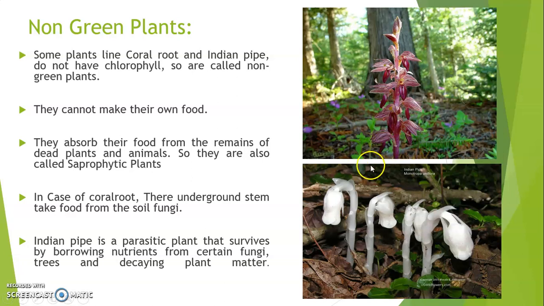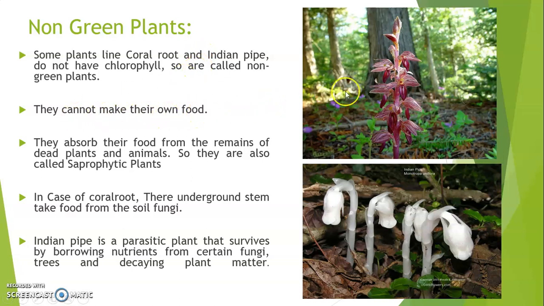They do not have any chlorophyll and cannot prepare food by the process of photosynthesis, and hence they are not green in color, and so they are called the non-green plants. Correct?